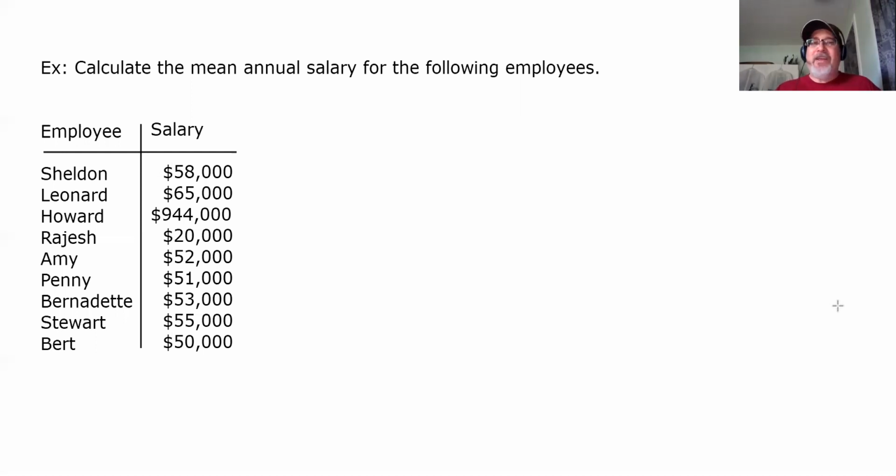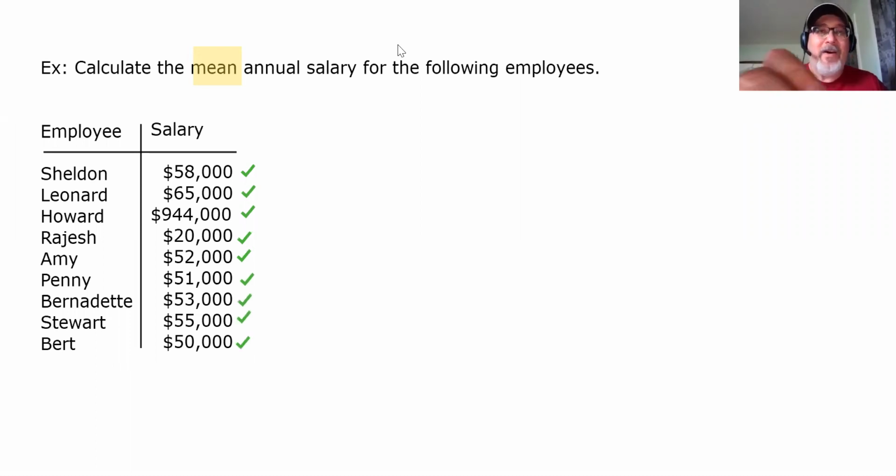So how do we find the mean annual salary? Again, in this context, the word mean just means average. Well, first we have to know how many values there are. That's not the first thing we need to know, but we need to know how many there are. 1, 2, 3, 4, 5, 6, 7, 8, 9.